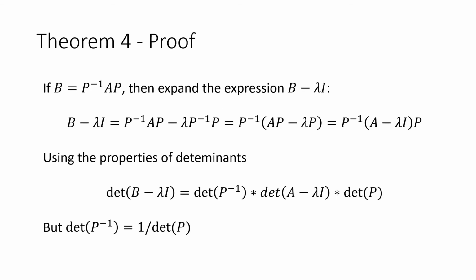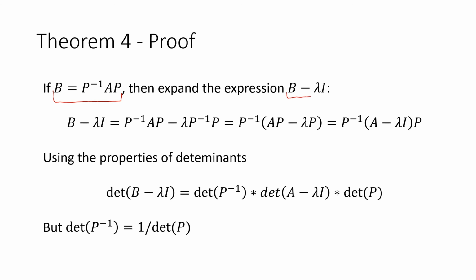So why is that? Well, here's the proof of why, if you start out with two matrices that are similar, they have the same eigenvalues. So if they're similar, that means you can write them this way, that B equals P inverse times A times P. How do you get the characteristic equation, the characteristic polynomial for B?